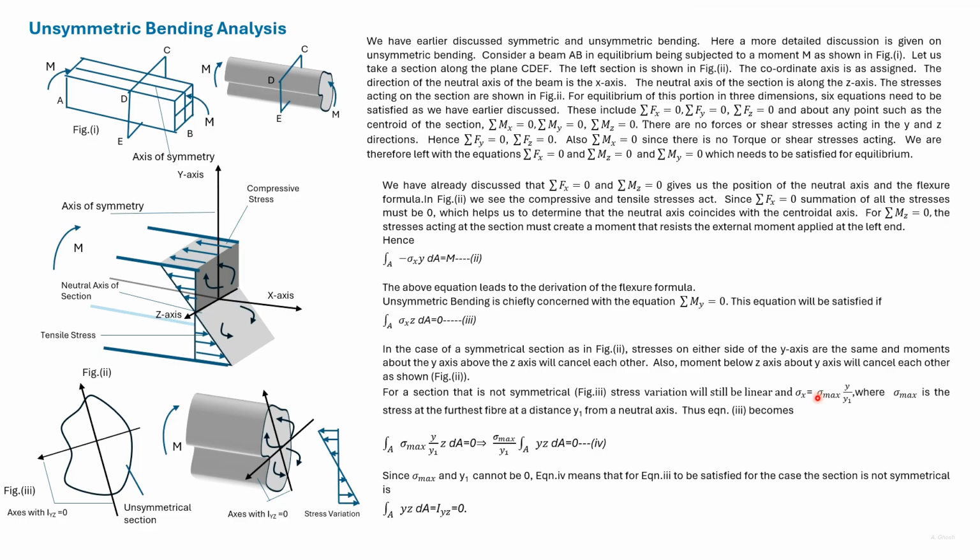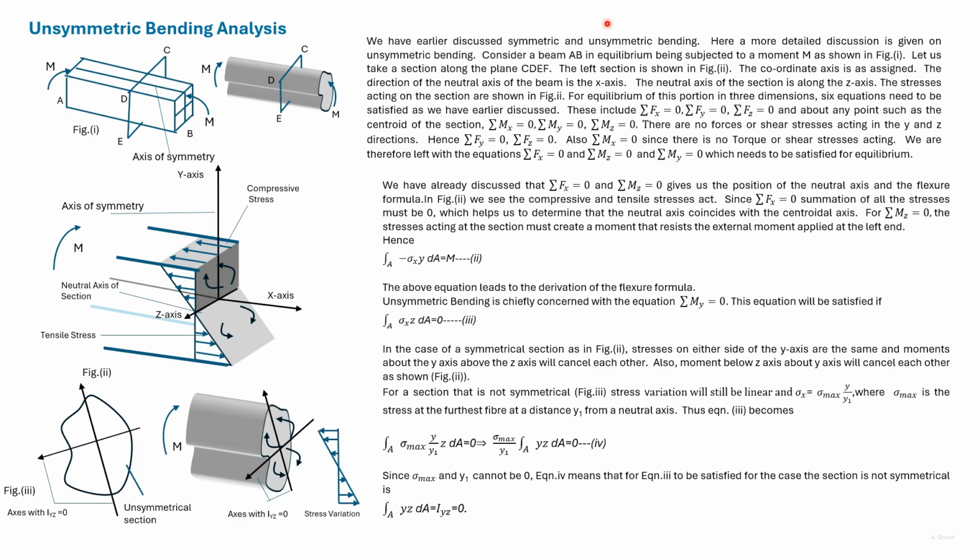Substituting sigma x in equation 3, we get this expression. Here, sigma max and y1 are constants. So for the equation to be satisfied, the integral of yz dA over the whole area A has to be 0, or the product of inertia has to be 0.